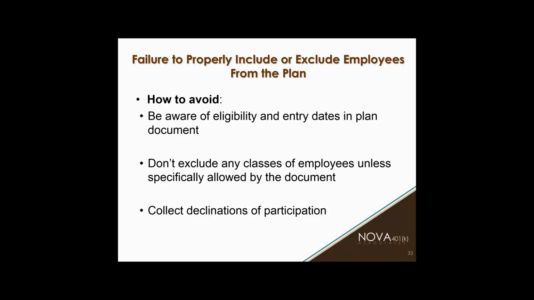Have them fill out the enrollment form with a zero or something and send it back to you so you can keep it on file, because this is one of the things the IRS looks at in an audit. Were you offering your plan? Can you prove to me that you were offering your plan in a timely manner to your employees?